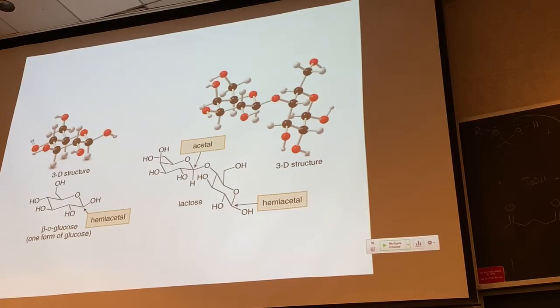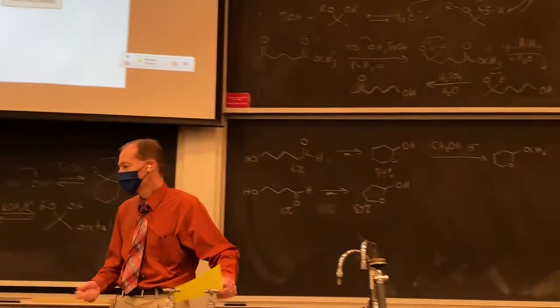And carbohydrates exist as cyclic hemiacetals and cyclic acetals. Here we have glucose, our most common carbohydrate, and you see that it has this cyclic hemiacetal.